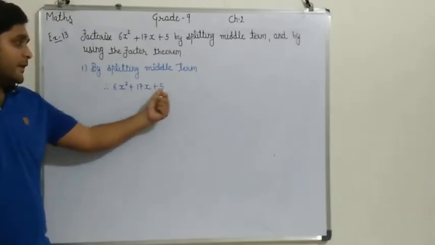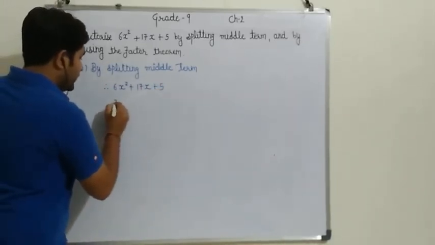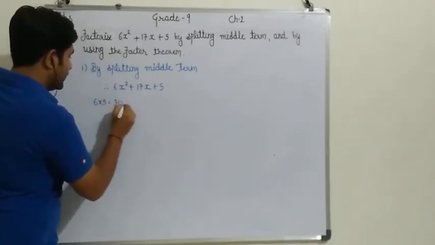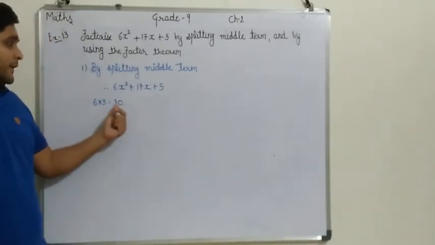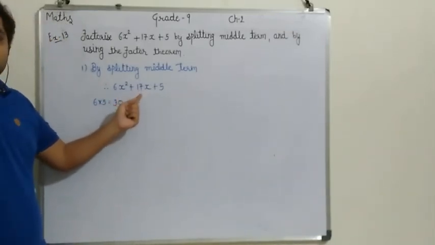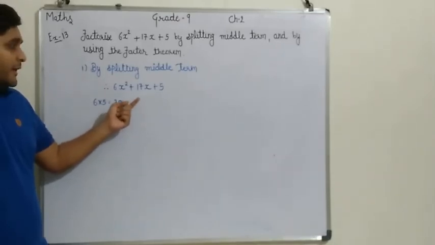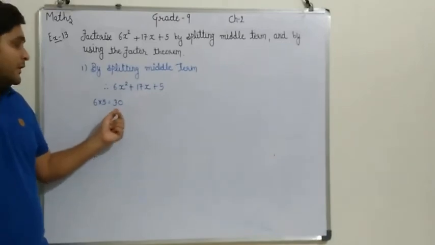So 6 fives are 30. Now we have to find factors of 30 such that their addition is 17. 10 threes are 30, but if we add 10 plus 3, it is 13. It is not 17.